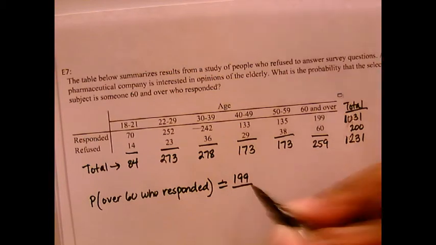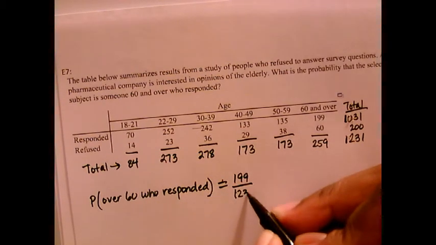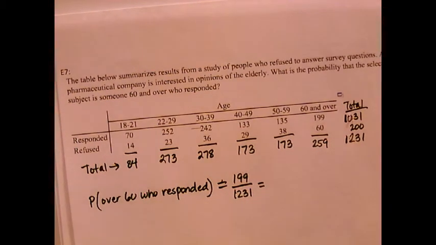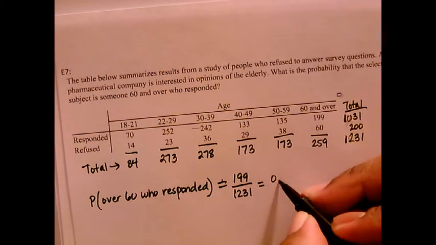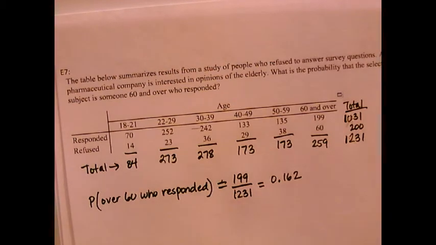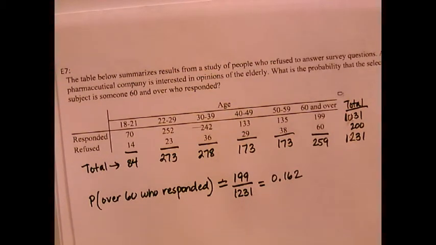So we can say this is 199 over 1,231. And then use the calculator to do 199 divided by 1,231. You'll get 0.162. So the probability of randomly selecting a subject who is 60 and over who responded would be 0.162.